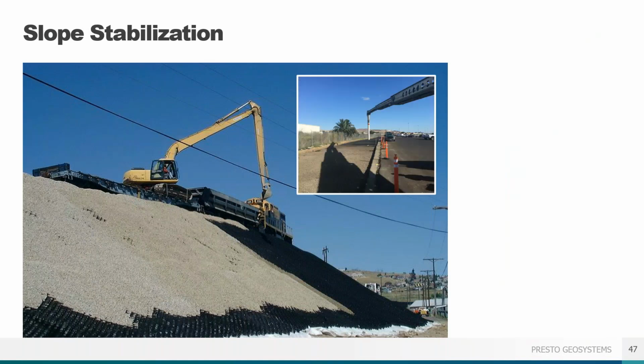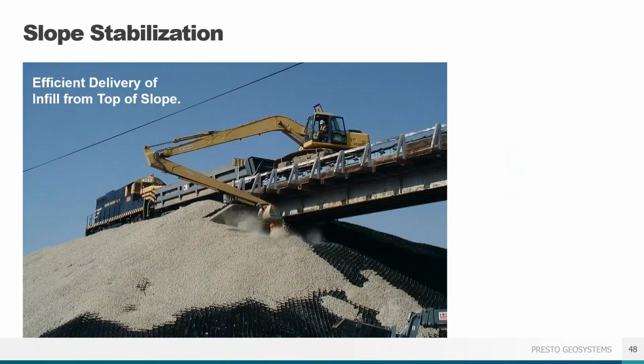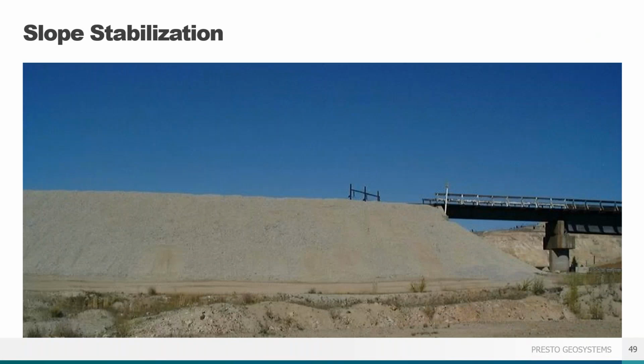Rock slingers, as shown in the load support section, also work really well for this top-down infill process. And here's a close-up picture showing the GEOWEB panels were extended under the bridge abutments. And a picture of the finished slope.